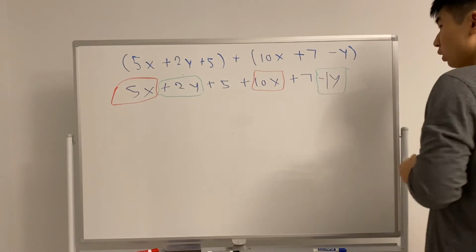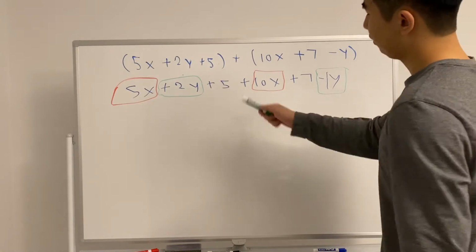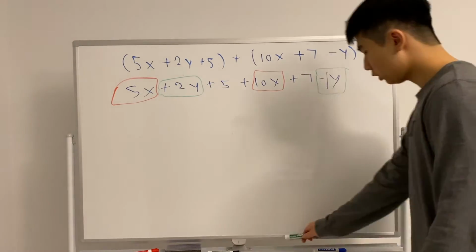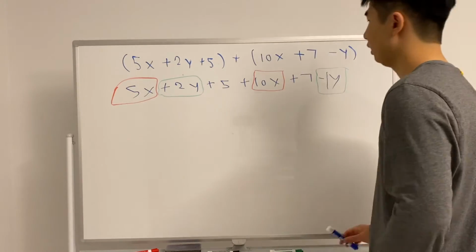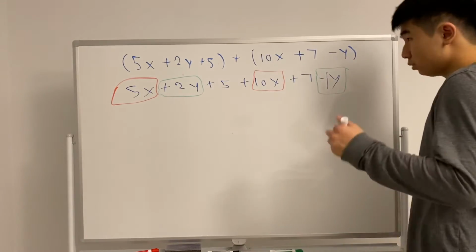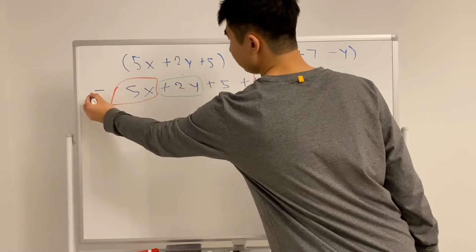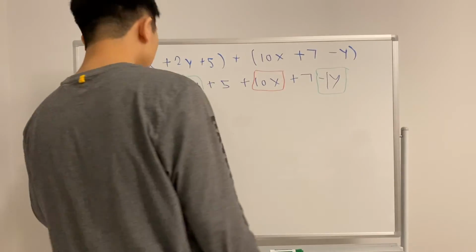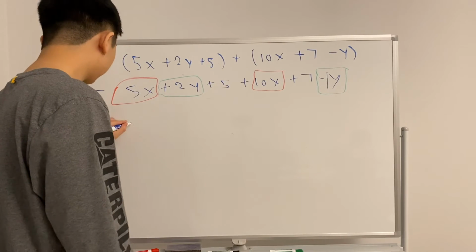Okay, and now that just leaves us with 5 and 7, and those are obviously like terms, so I don't need to circle that. So going back to the question, let me rewrite this out again. You should put an equal sign here. I didn't because I'm lazy and I forgot, to be honest, but let's rewrite this in a clearer order.